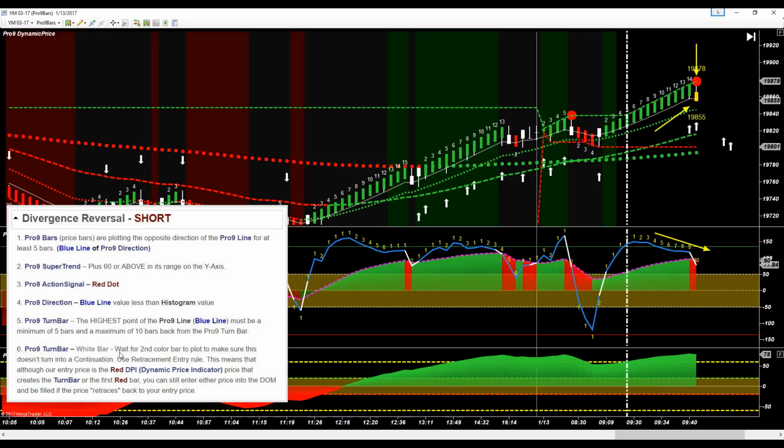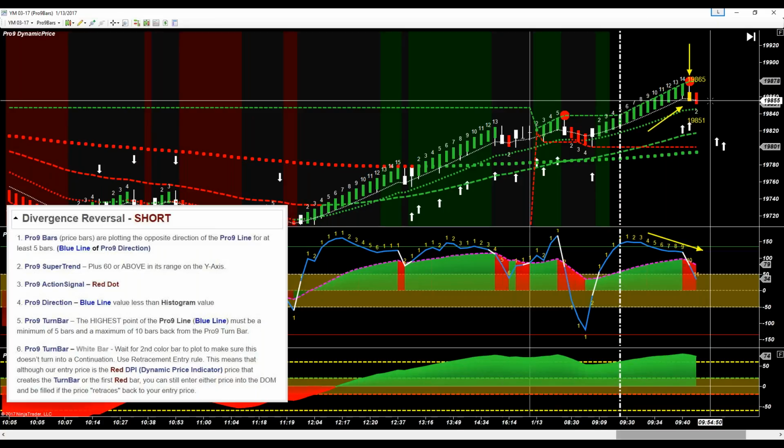But the reason we wait for the divergence reversal is I don't want to put my order in now at this DPI and get filled and then have my first color bar plot. I'd be halfway to my profit target. But I don't want to see that next bar turn into a turn bar and then have a continuation set up, because that would stop me out.